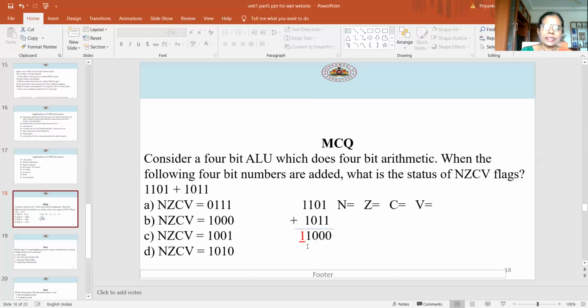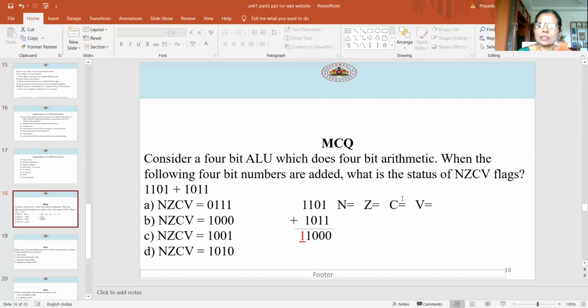Whether a carry has occurred is shown in the red bit. Yes, the carry occurred, so C becomes 1. Whether overflow has occurred: no, the result has not exceeded. It is a 4-bit result, and we are doing unsigned number addition here, so overflow does not occur and V becomes 0. So N is 1, Z is 0, C is 1, V is 0.